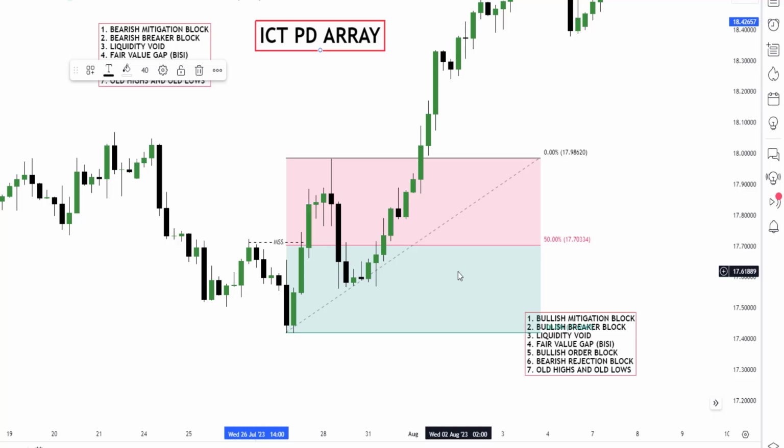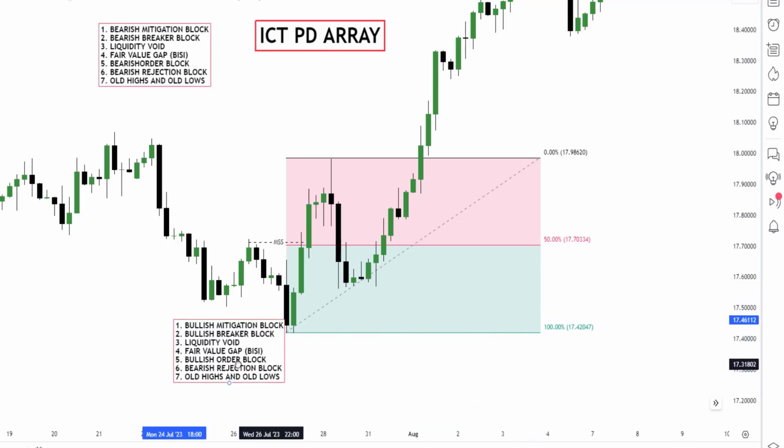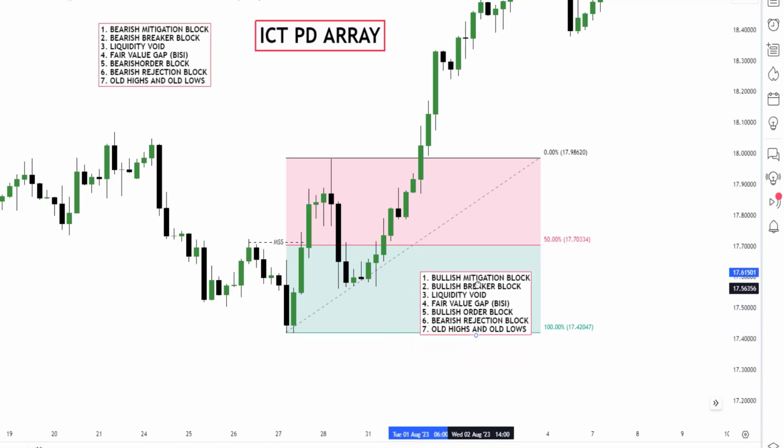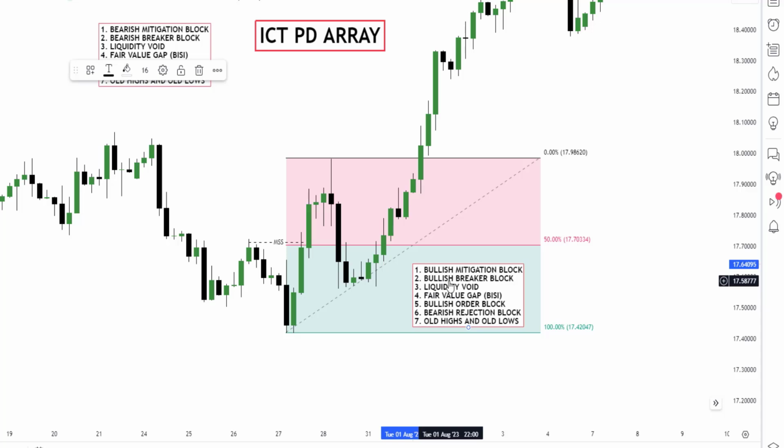So in a bullish movement, if price is going bullish, we're going to look out for the PD Array that says bullish movement right here. This is the PD Array. We're going to look out for all this in order of importance as price is coming, but we're going to wait for price to come to discount, and we start to look out for these things in order of importance. That's basically what PD Array does. So this is it.